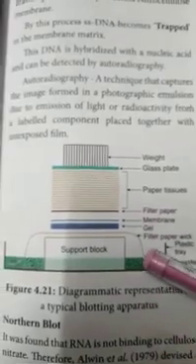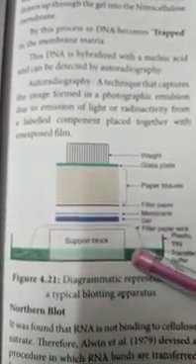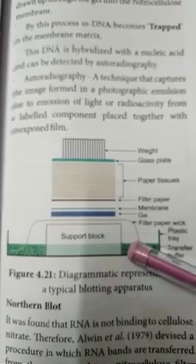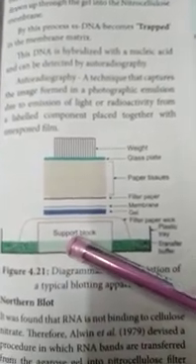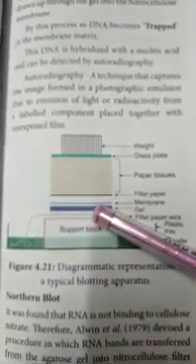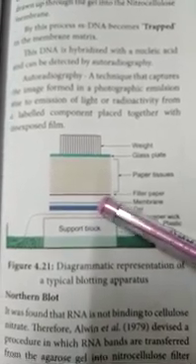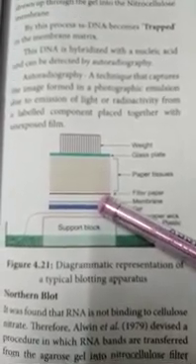This DNA is highly soluble and drawn up into the gel through to the filter paper, and easily we can trap the single-strand DNA. A filter paper wick is placed above the support block, and this is the gel, and then the nitrocellulose membrane.